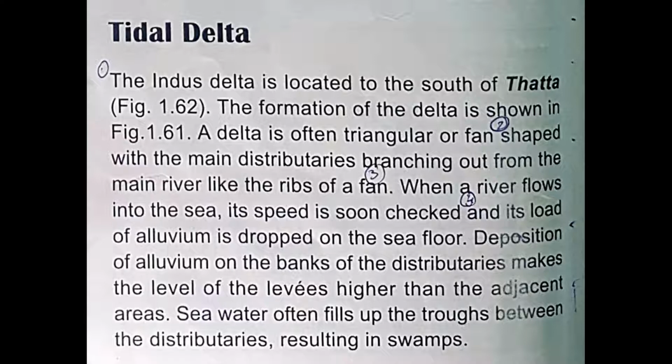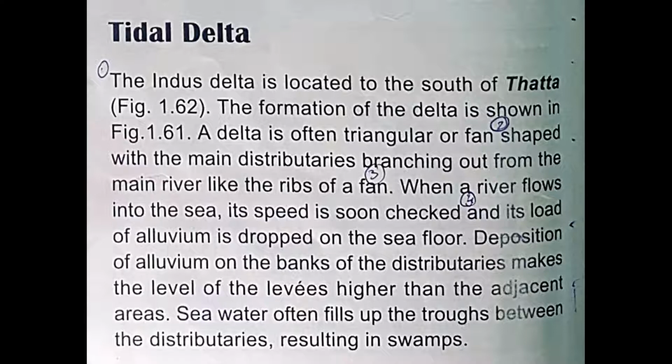A delta is often triangular or fan-shaped with the main distributaries branching out from the main river like the ribs of a fan. What is its shape? It is triangular fan-shaped. The distributaries branch out from it like ribs.